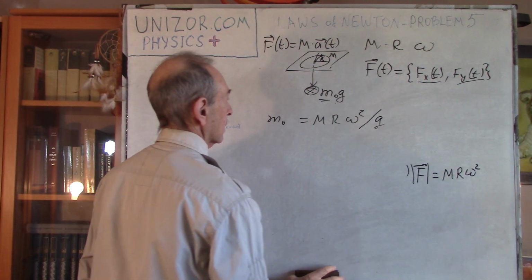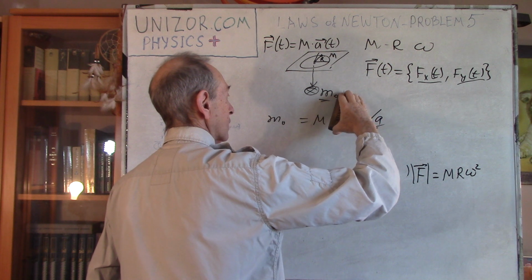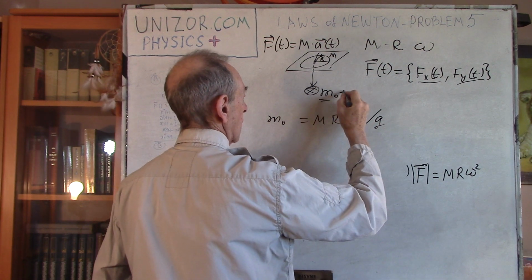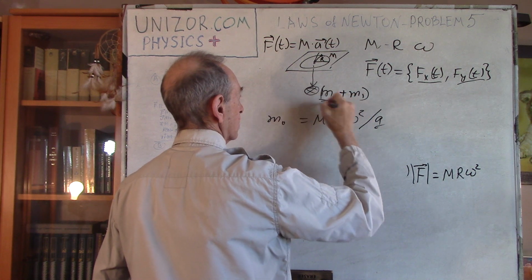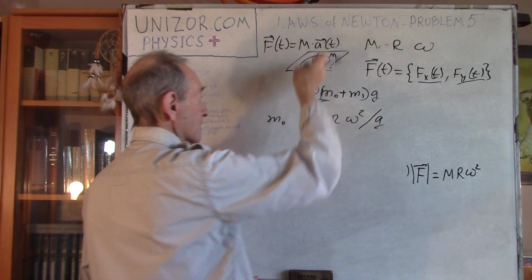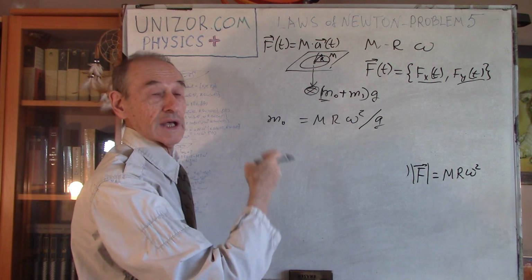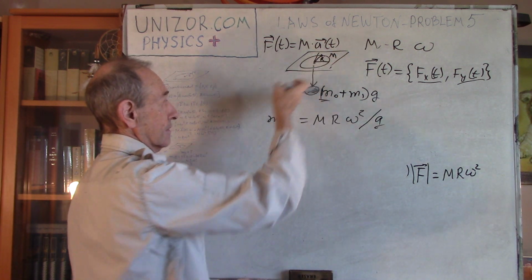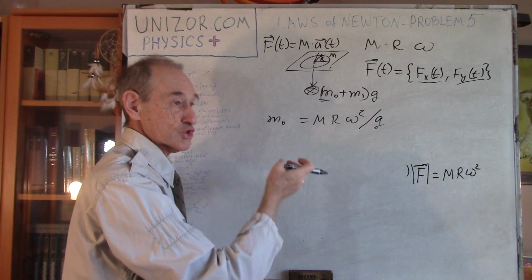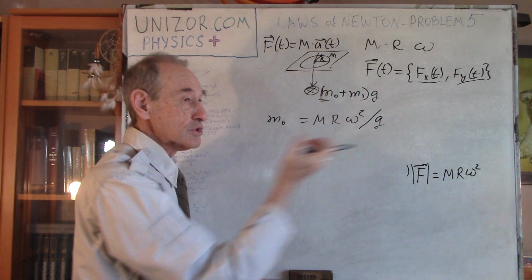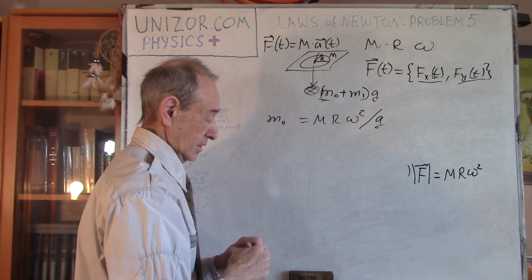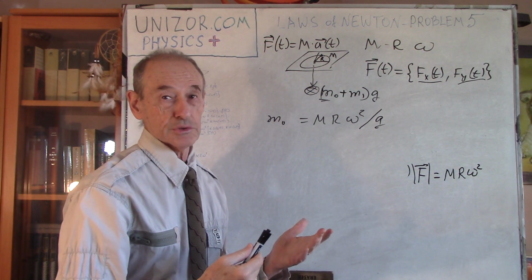Now, a more complicated question is the following. What if, instead of m0, we add something else, plus m1? Now this force will pull down stronger, obviously, and the thread should become shorter. The radius should be shorter, and at that point it will stop shortening.